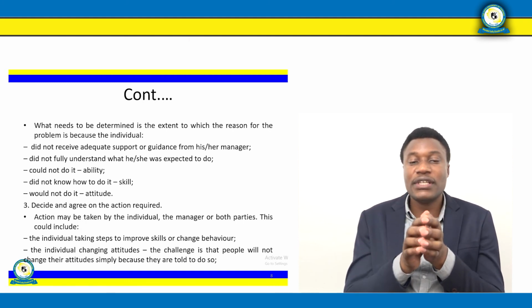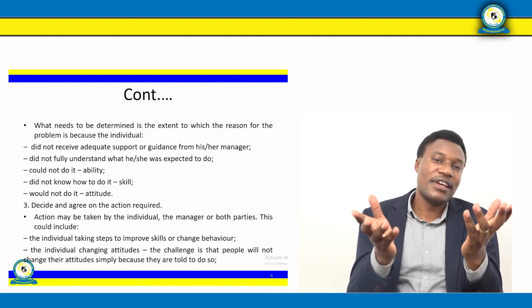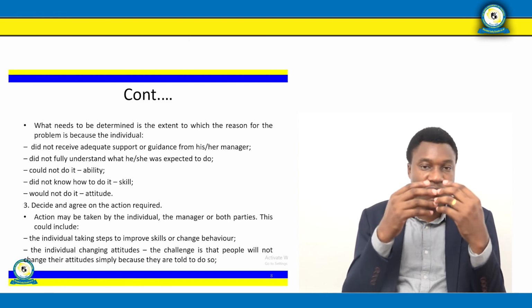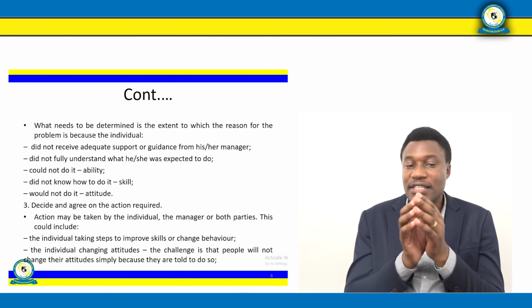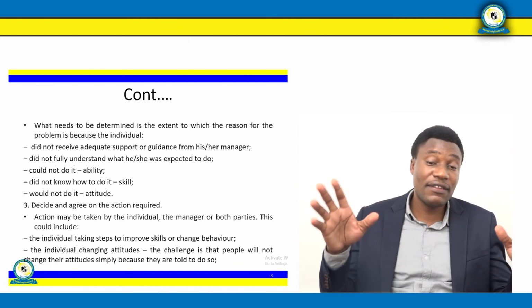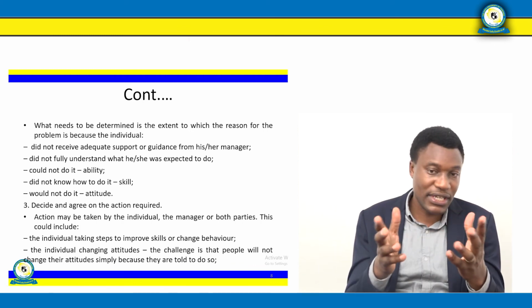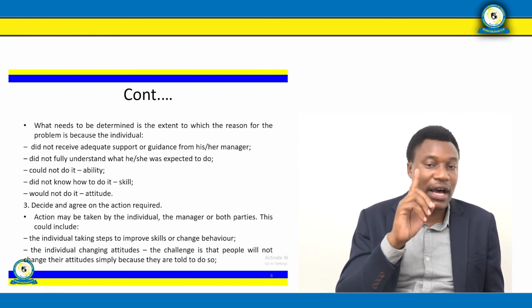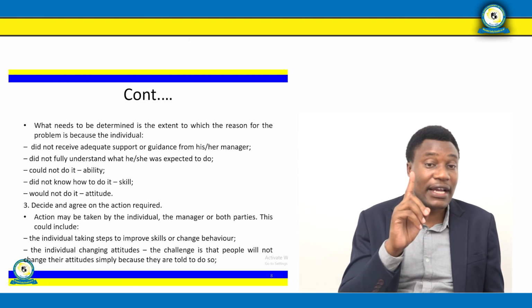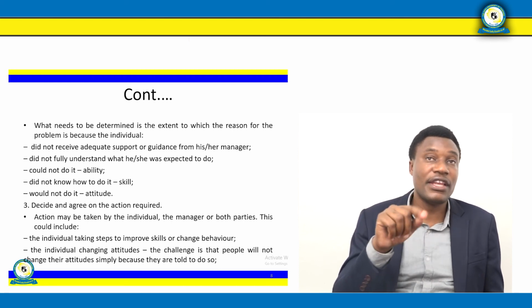Or it is just an attitude, a total way of doing, of believing. He didn't believe in what he was doing, or did not have the right skill. Those are all the questions that we have to pause and see together. This is the second step: identify the problem.